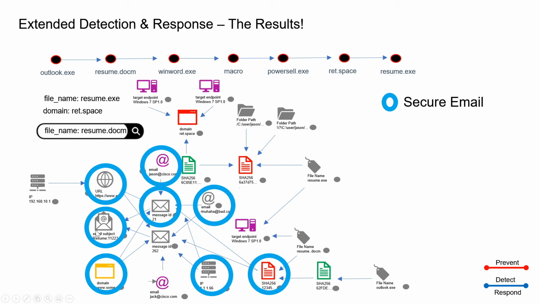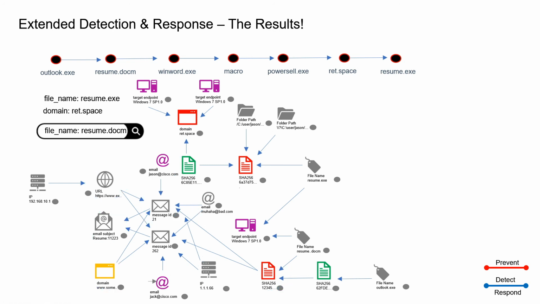Well, these are what tie into that message. We see association with a SHA of resume.m. We called that out here, that we did see that on the endpoint. We also see who sent it, who received it, and the message IDs that are tied to it. Again, there's more blue here, I'm just not calling it all out. I'm just showing you the different elements that would have been pulled from the email security offering.